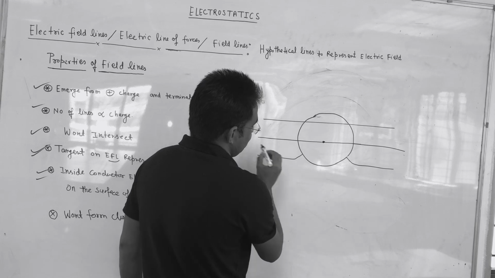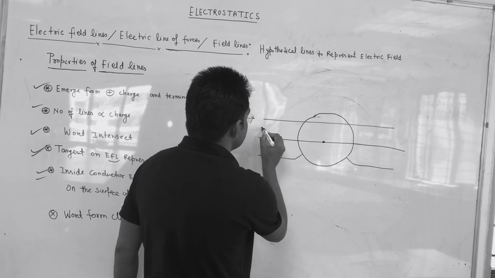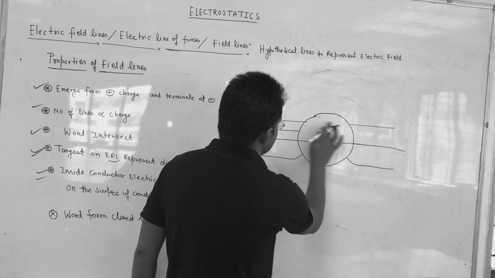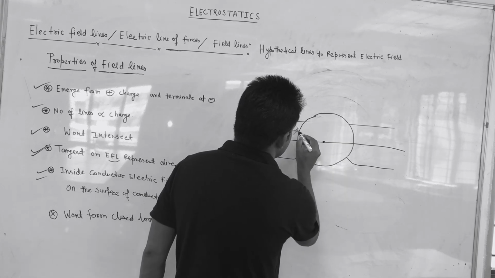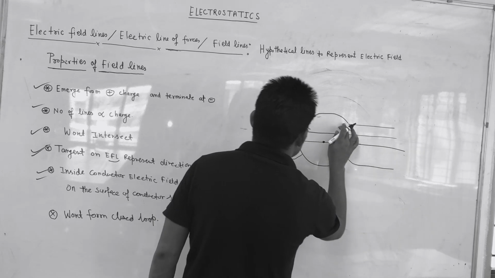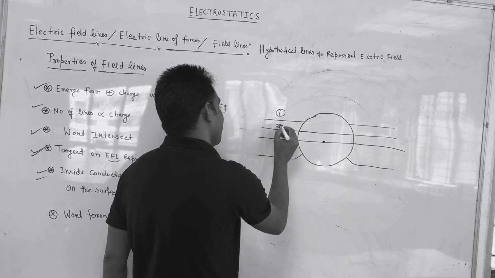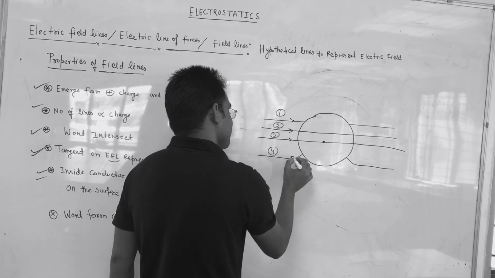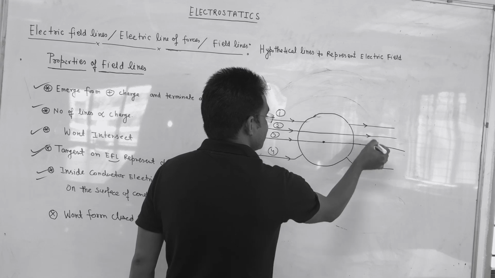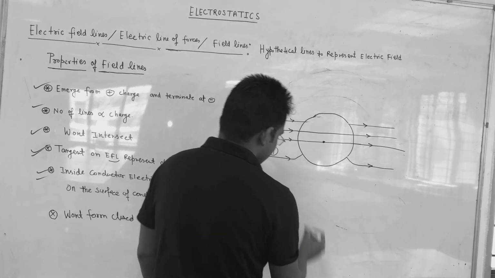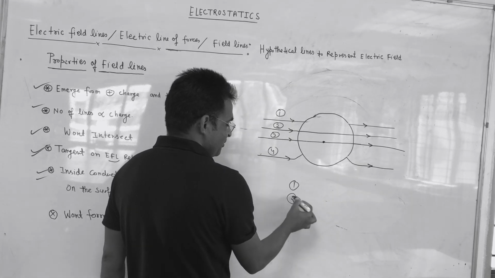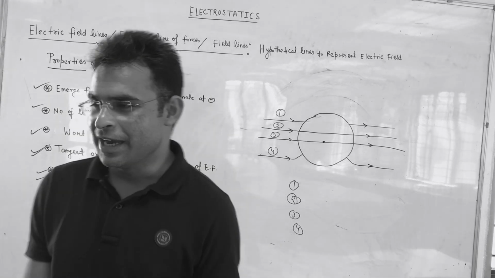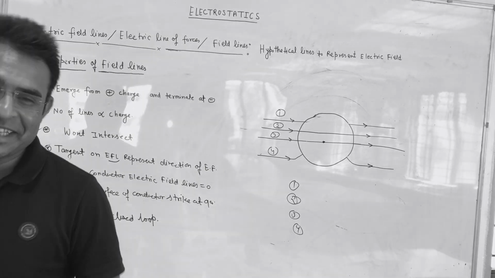You have to tell which one is the electric field line. This is the first line, this is the second line, this one is the third line, this one is the fourth, and this is the solid conducting sphere. So there are four options, 1, 2, 3, 4. Which one is the electric field line? Pause this video and try to answer it. Otherwise forward the video and the answer will be there.